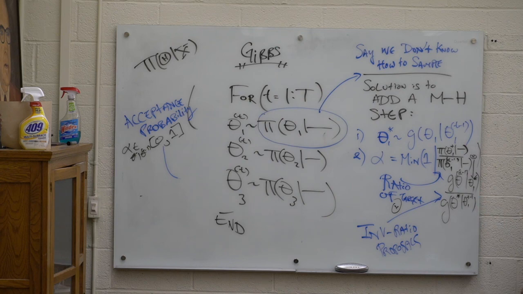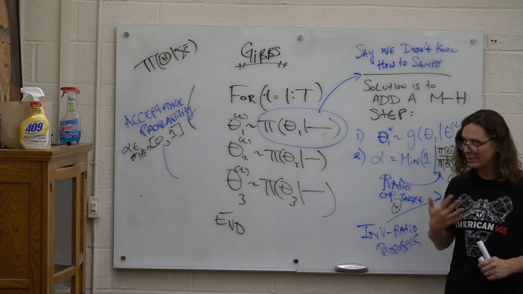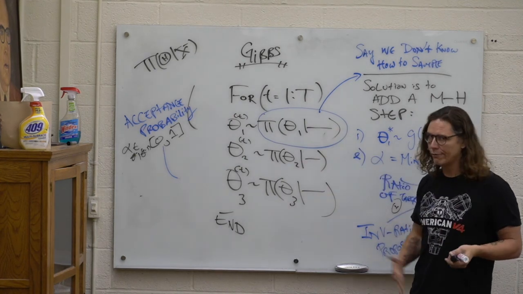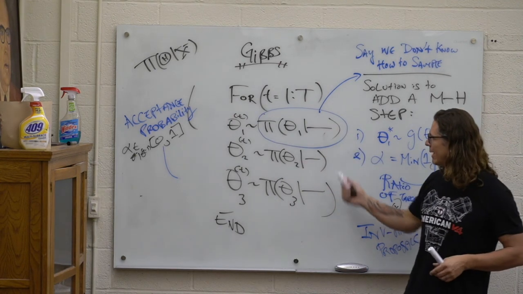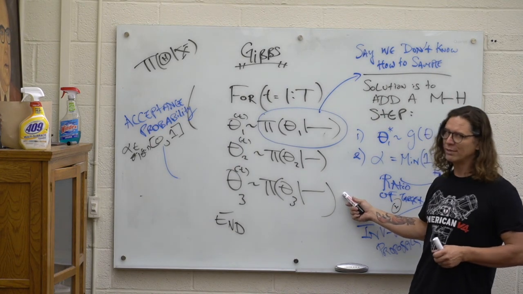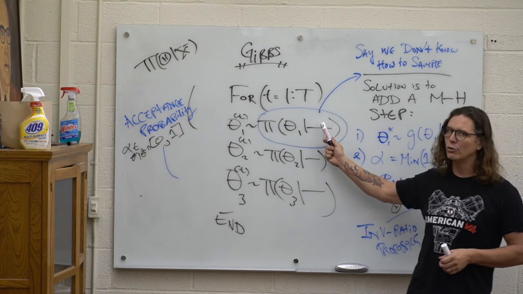I'm going to come back and tell you why this intuitively makes sense next time on Monday when I have you in person. So let me just recap: if you did not know how to implement your Gibbs sampler, you could write down what the forms of the full conditionals were. Maybe this one you know how to sample from directly, maybe this one too, but you don't know how to do this one.